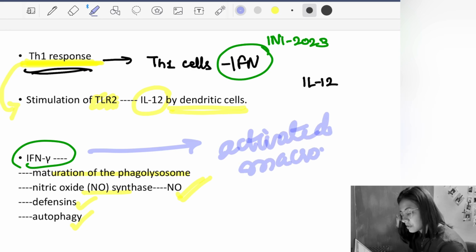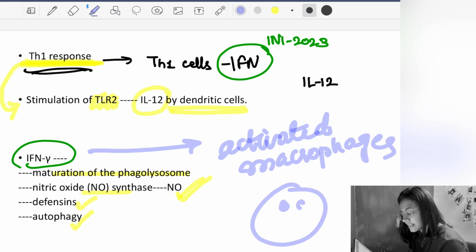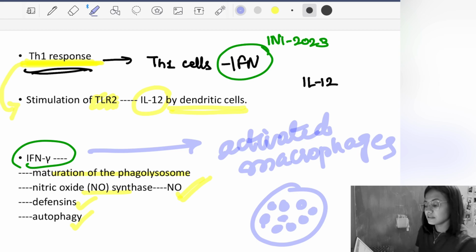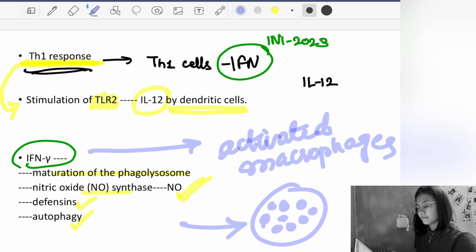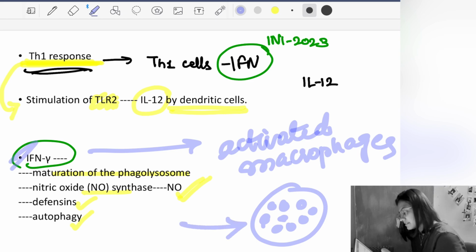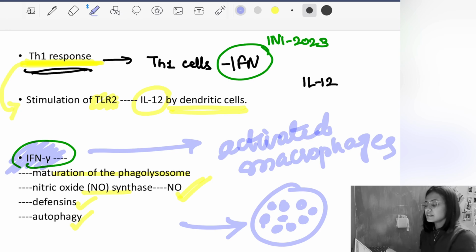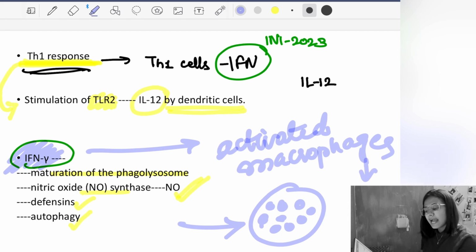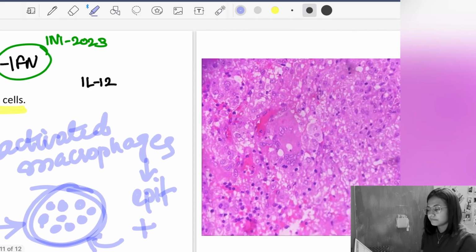So the question was, they showed a giant cell, and then they asked what is the cytokine which causes giant cells. The answer is interferon gamma, because interferon gamma activates the macrophages to form epithelioid cells, and those epithelioid cells, when they fuse together, they form multinucleated giant cells.